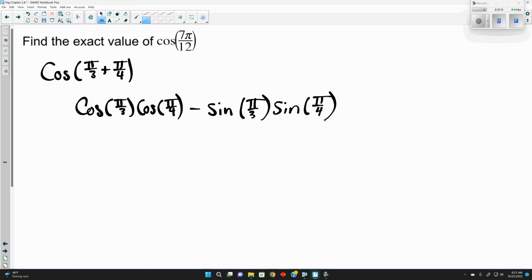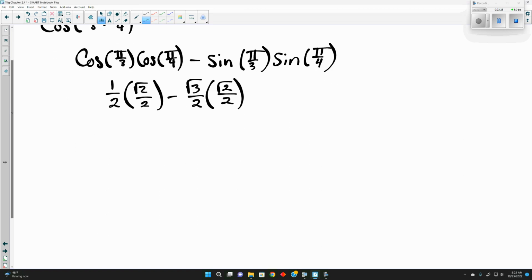Cosine of pi over 3 is 1/2. Cosine of pi over 4 is square root 2 over 2. Minus sine of pi over 3 is square root 3 over 2, and sine of pi over 4 is square root 2 over 2. If we multiply these together, we get square root 2 over 4 minus square root of 6 over 4, which gives us square root of 2 minus the square root of 6 over 4.